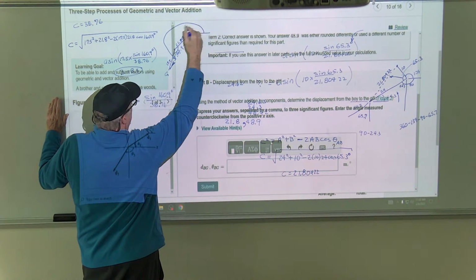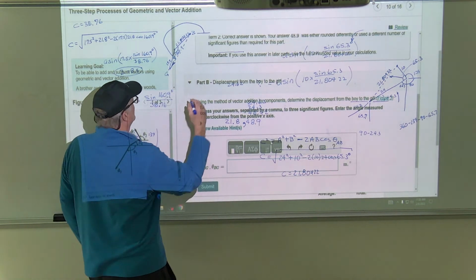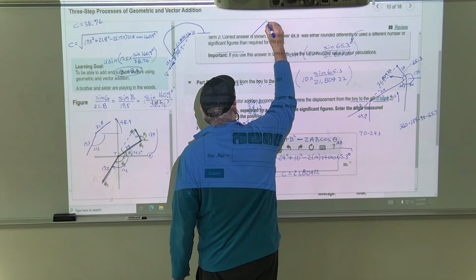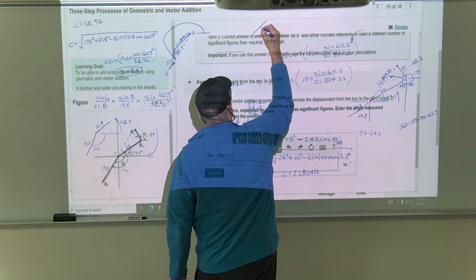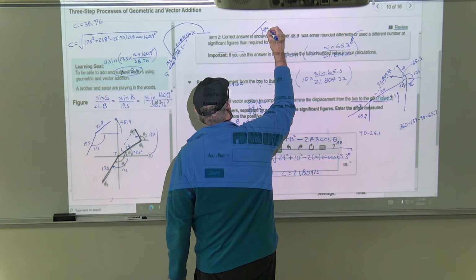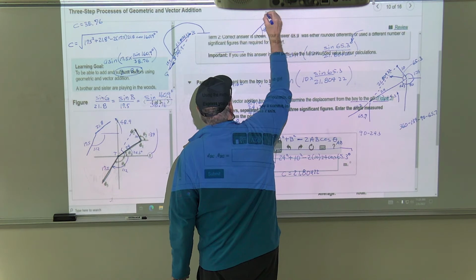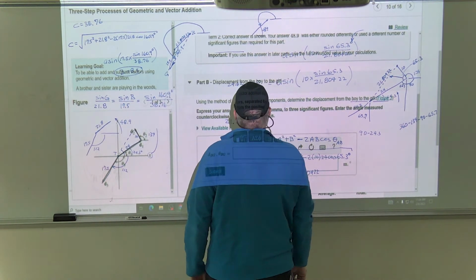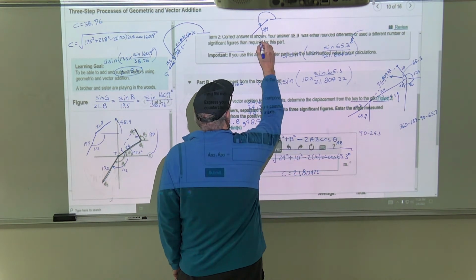If I sweep around to this angle, what would I be sweeping around to? In other words, that is 48.9 from here. But I'm going to sweep all the way around to here. What am I sweeping out here? These two angles.